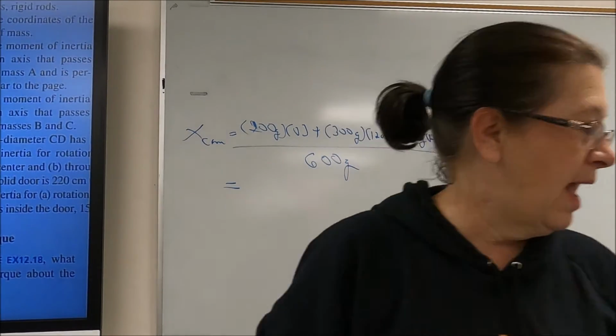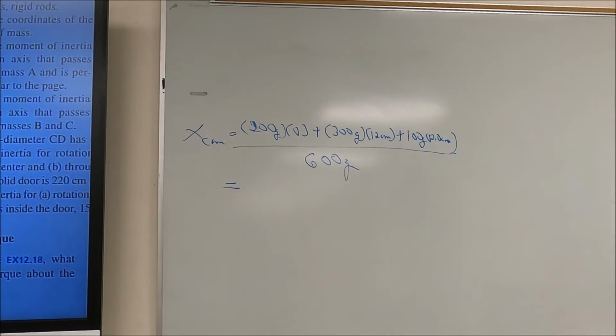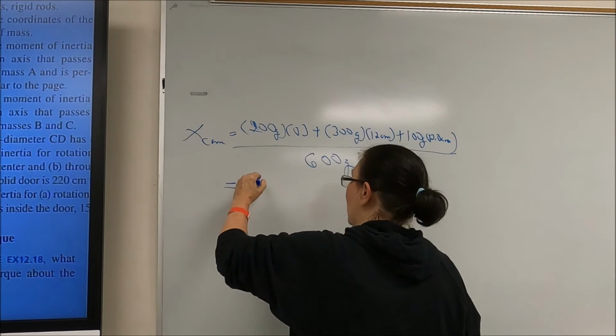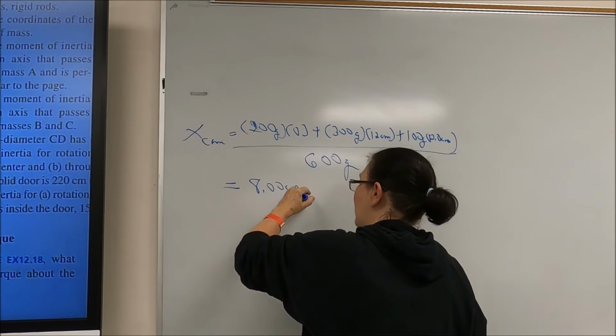So I have 200 times 0, which is 0, 300 times 12, plus 100 times 12, divided by 600, and the x position of the center of mass is 8 centimeters.